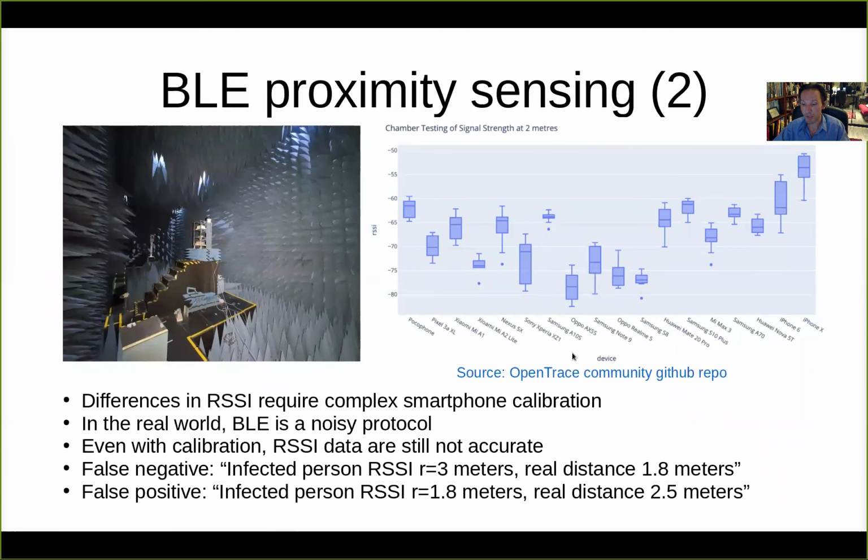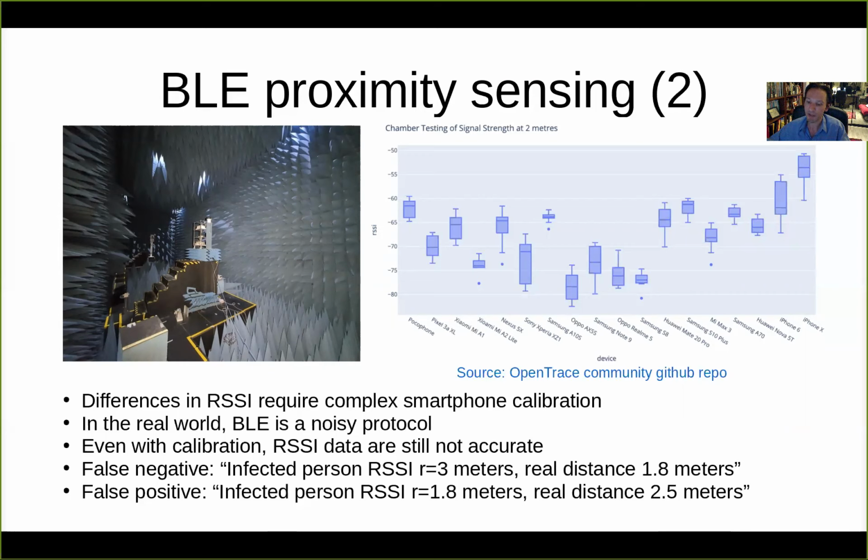To further prove this, and to attempt to calibrate the different smartphone chipsets to reduce these errors, various contact tracing application teams around the world followed protocols that detect the differences in ideal conditions. They took many smartphone models and placed them into what you see on the left here in the picture. This is a picture of an anechoic chamber, a very pristine environment for making RF measurements.